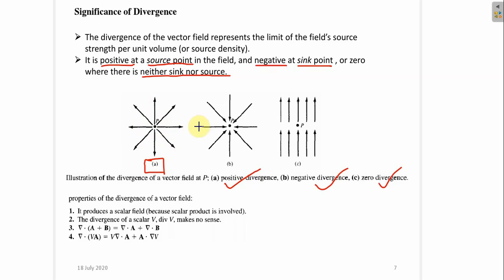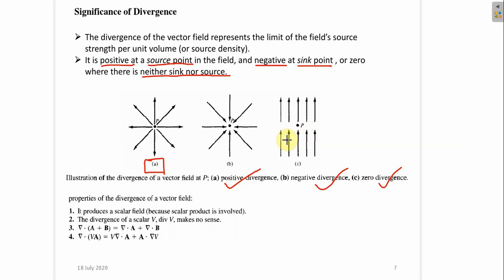Here it is negative, because the direction of the arrows is opposite. And as I have already told you, if there is neither sink nor source, this case is considered zero divergence.